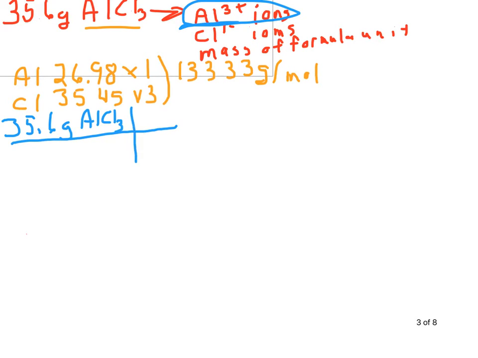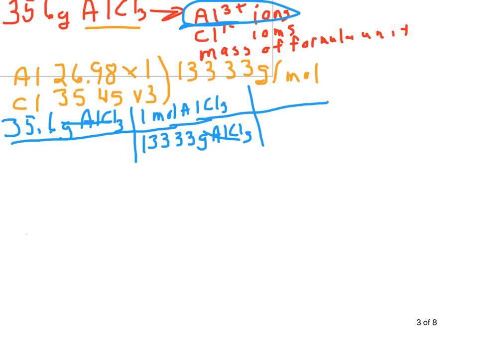And we change from grams to moles using our molar mass. And we just figured out there's 133.33 grams of aluminum chloride in 1 mole of aluminum chloride. Grams cancel the grams.